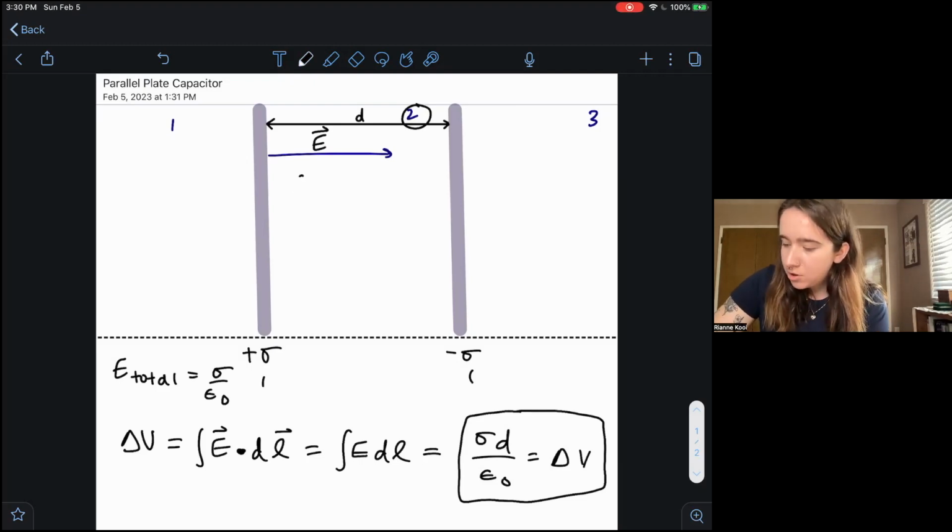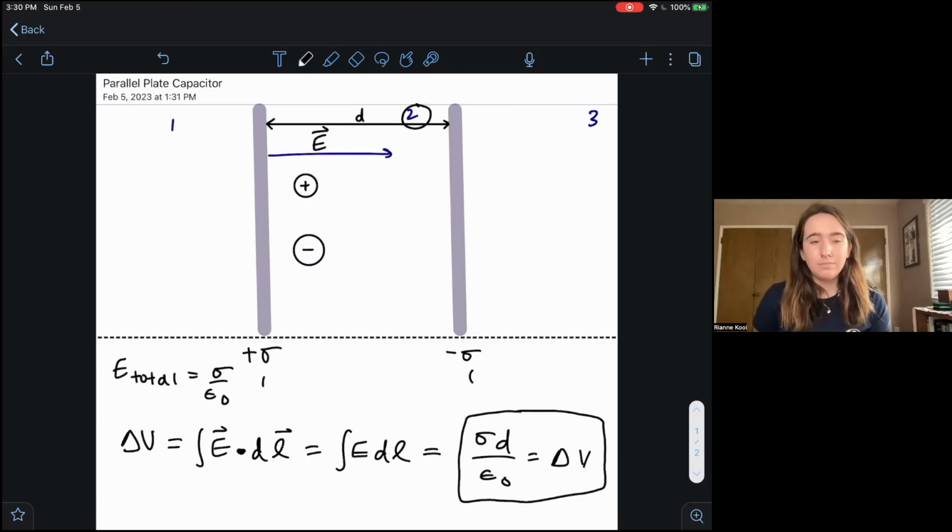Let's say one of them is a proton, and one of them is an electron. These are not the same size. Let's imagine that both of these are starting from the positive plate and moving towards the negative plate.